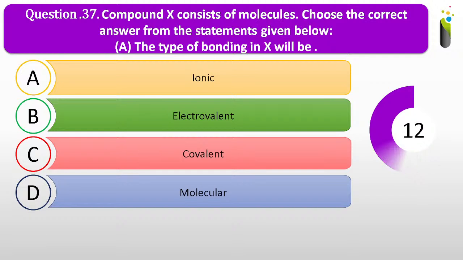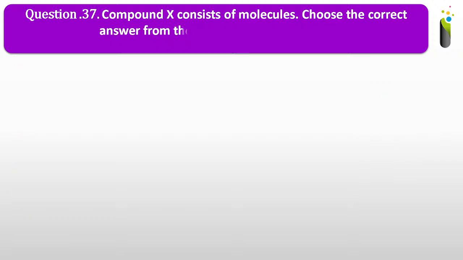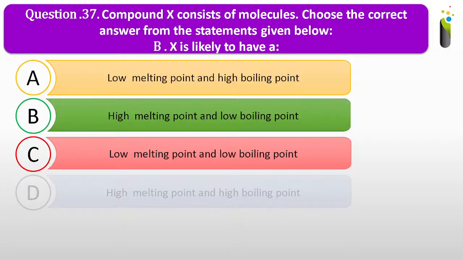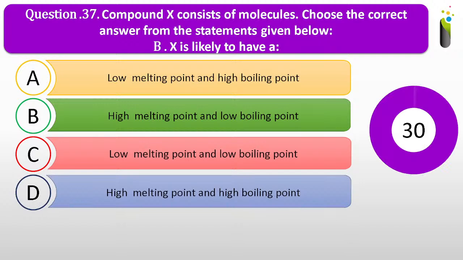So the answer for this question would be the type of bonding in the compound X. Choose the correct answer from the statements given below. And the question is X is likely to have a dash. And your options are boiling point, high melting point, and high boiling point.